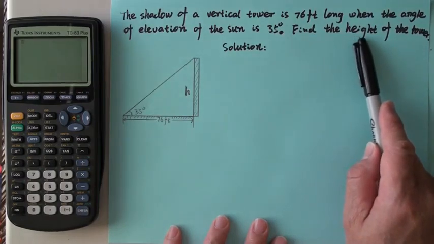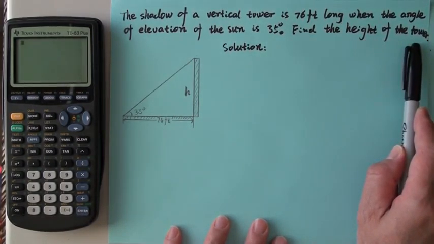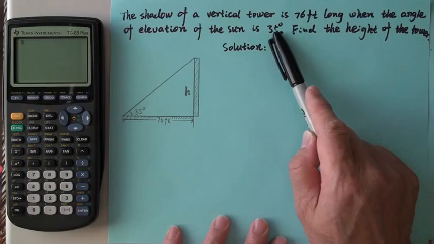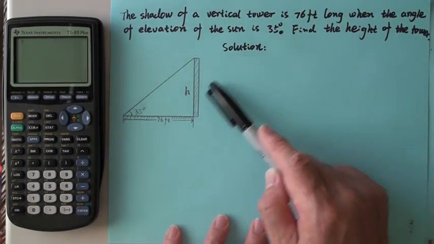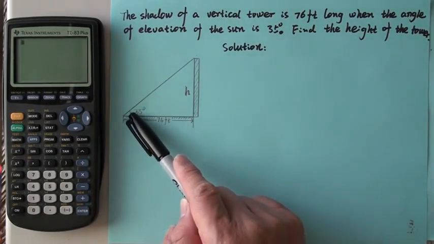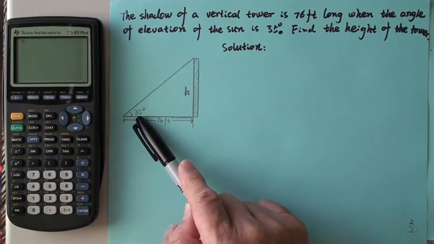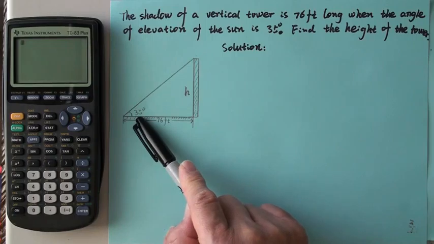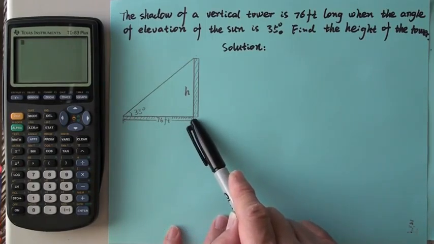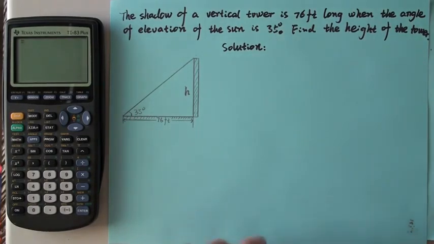So we need to find out the height of the tower by these two data. You see, we know the angle of elevation is 35 degrees, and we also know the length of the shadow. So this question looks easy, huh?